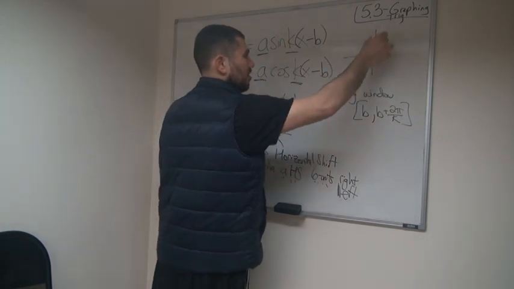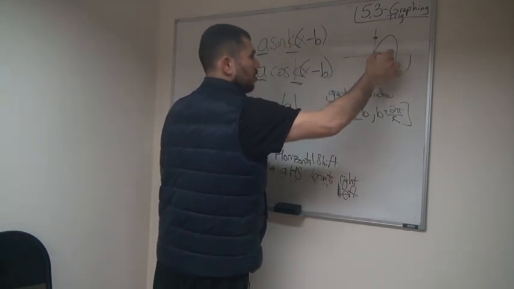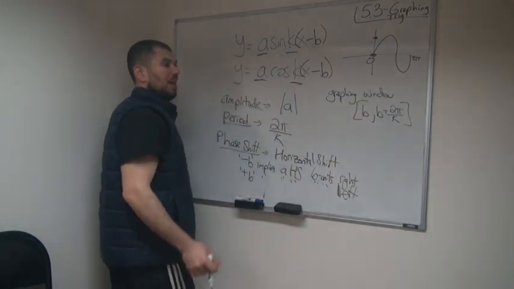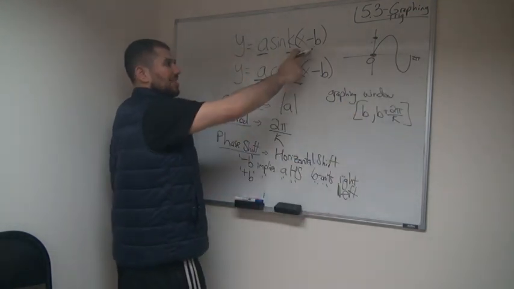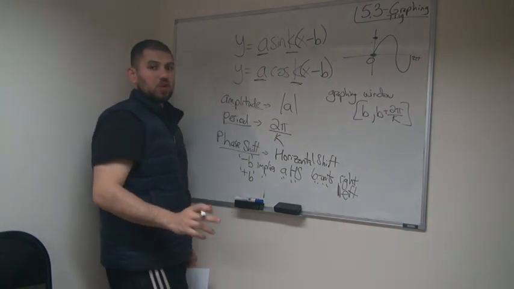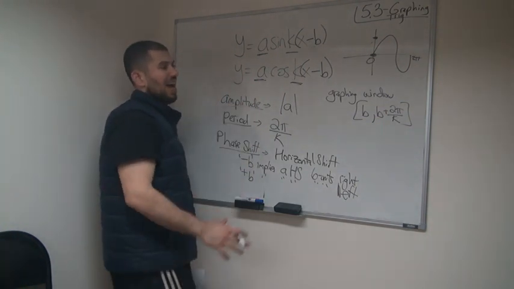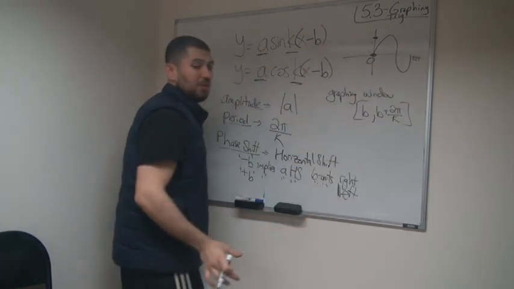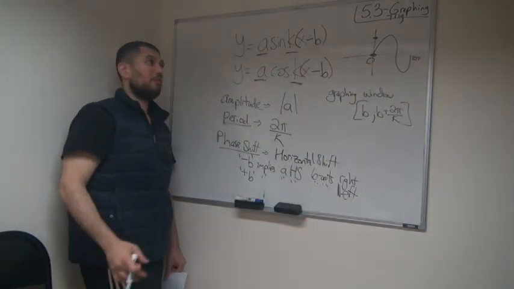So if I had a sine graph that went from 0 to 2 pi, let's say the period stayed 2 pi, and then I had to move it because I subtracted pi over 2 radians, I had to move this graph pi over 2 radians to the right, just like we did with horizontal shifts before.